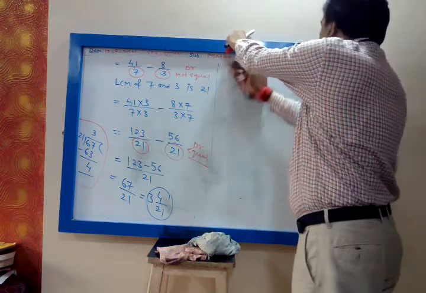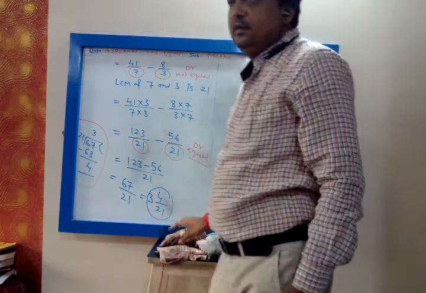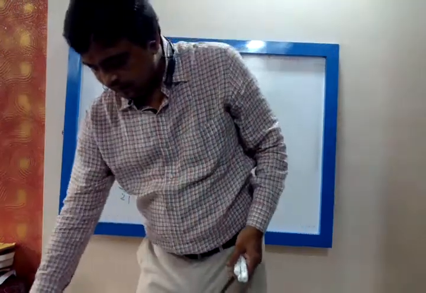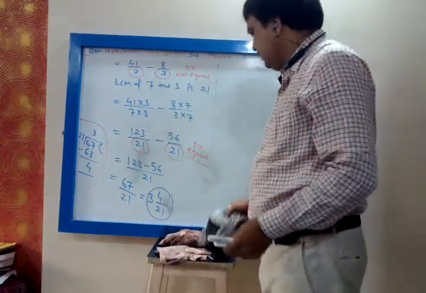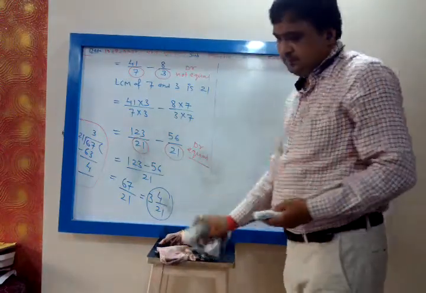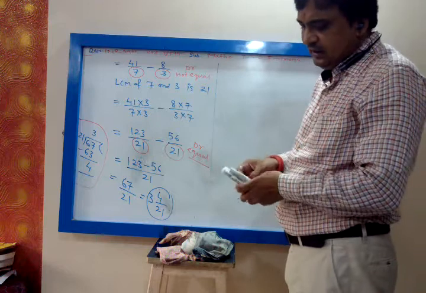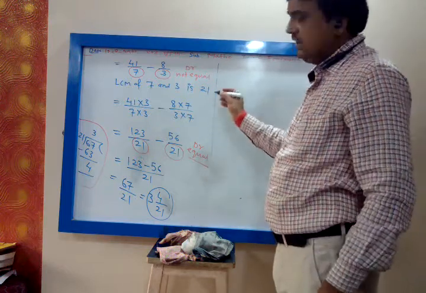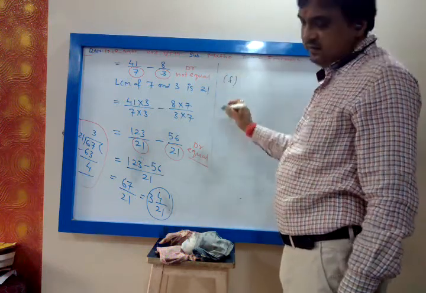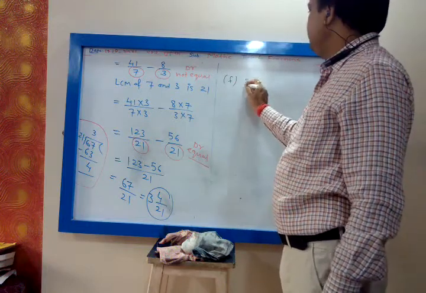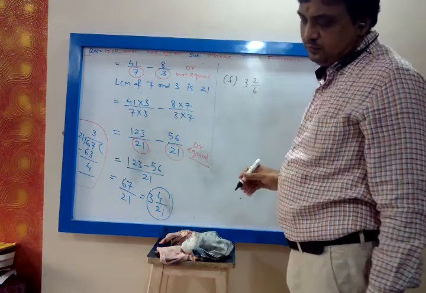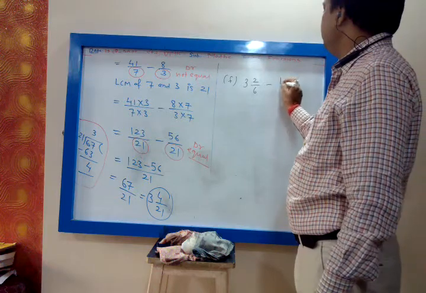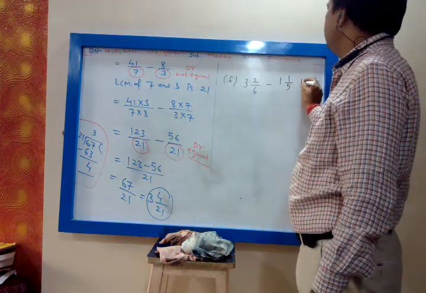Wait, how much time is left? My dear, let me complete this subtraction. Let me write F, G, H, then we will see. F is 3 and 2 by 6 minus 1 and 1 by 5. Mixed fractions, so homework.